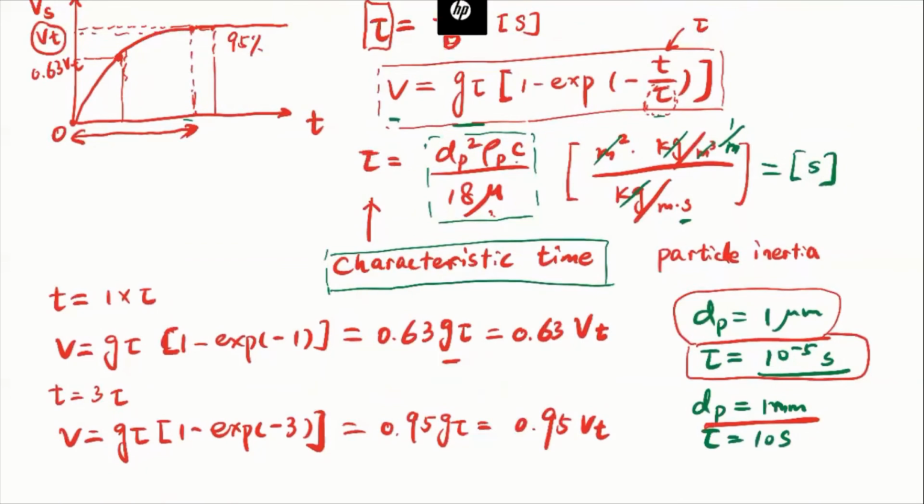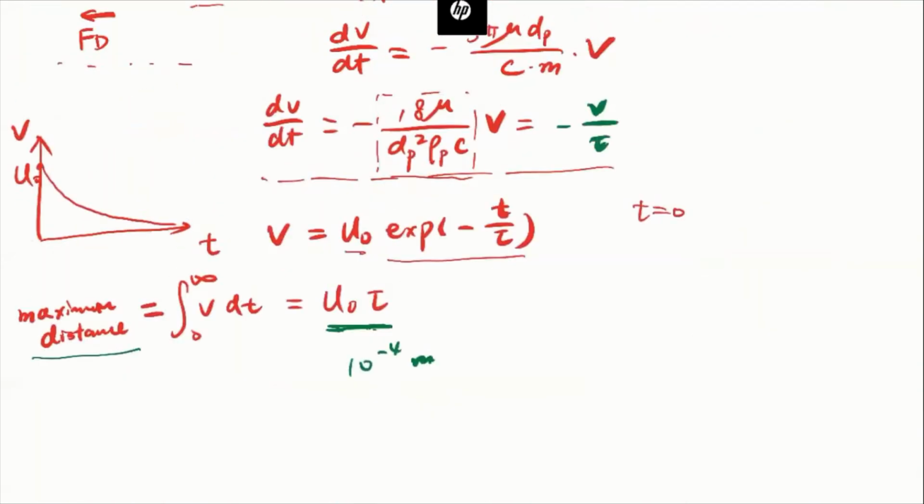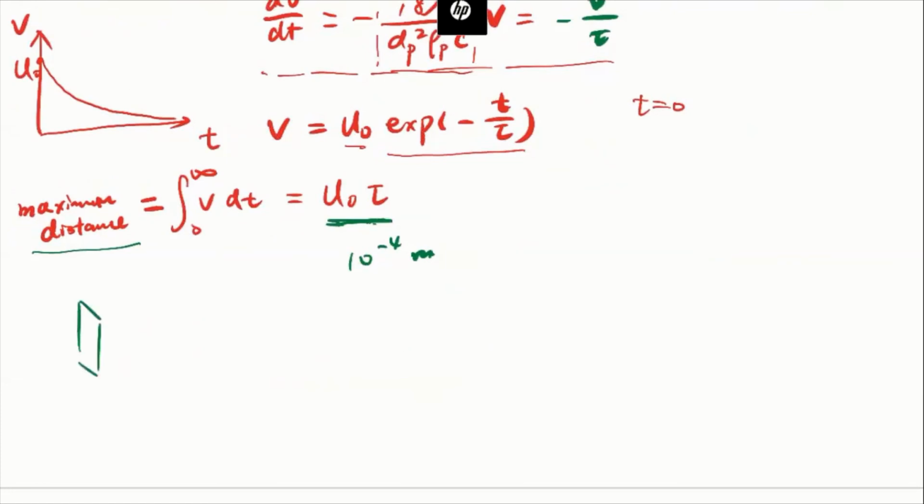So let's say we want to design a duct, and we just want the particles to settle down onto the bottom to remove them by pure gravity. Then we have to design the duct to be long enough so that the travel time of these particles is much, much larger than the characteristic time, right? Because otherwise, if it's similar, then these particles won't even be able to move a lot, right? So this is related to the design of these particle removal devices.